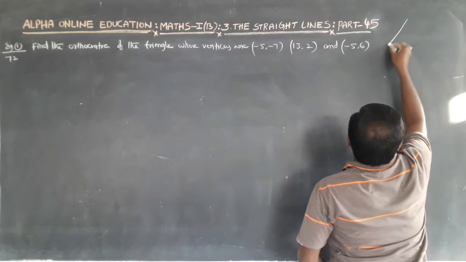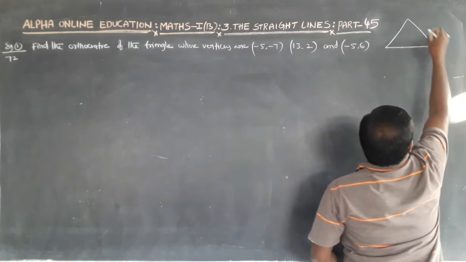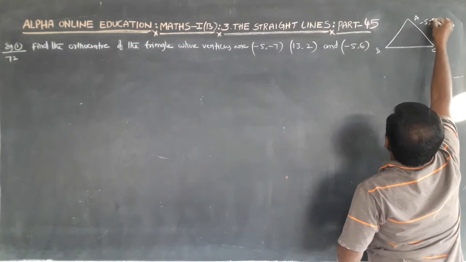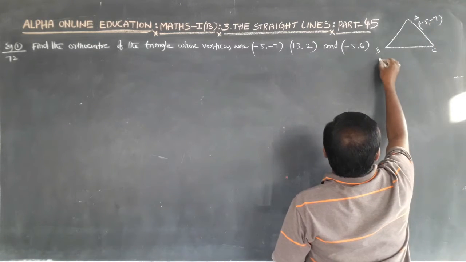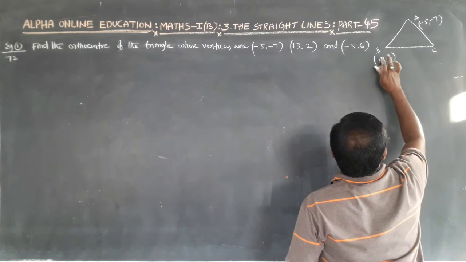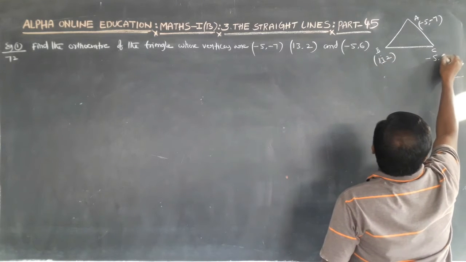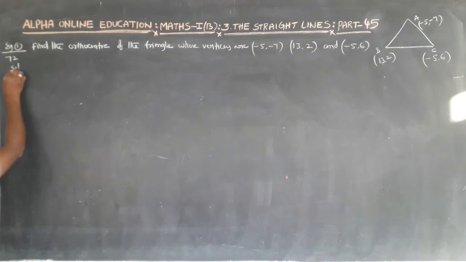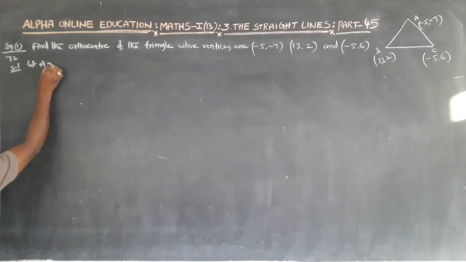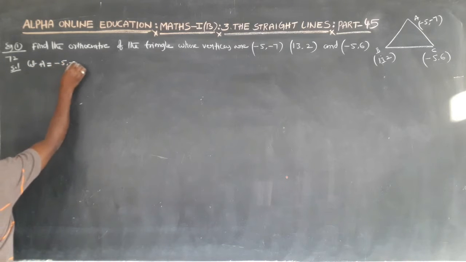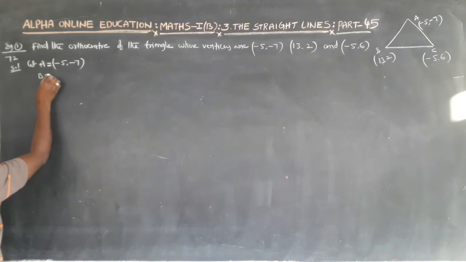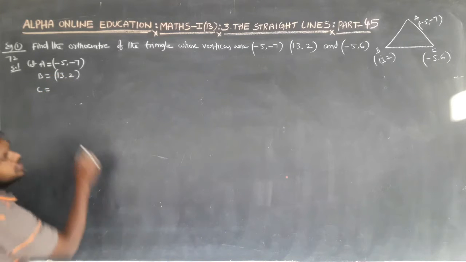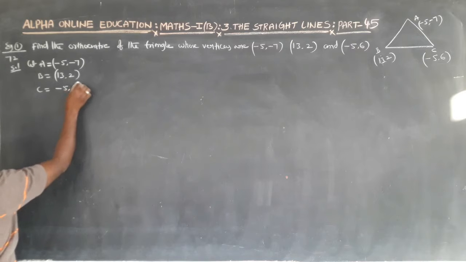This is the triangle ABC. Let the vertices be A = (-5, -7), B = (13, 2), C = (-5, 6).